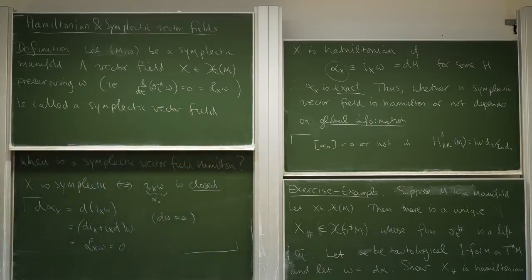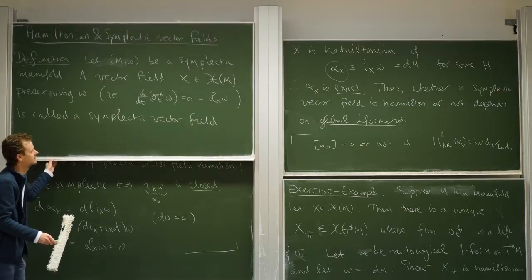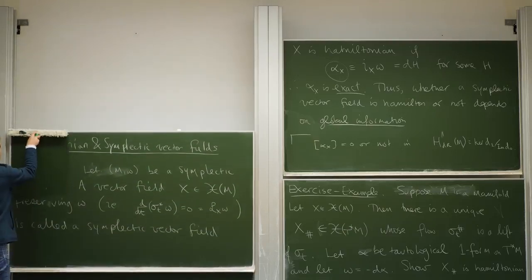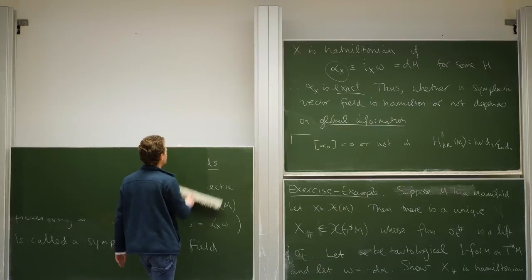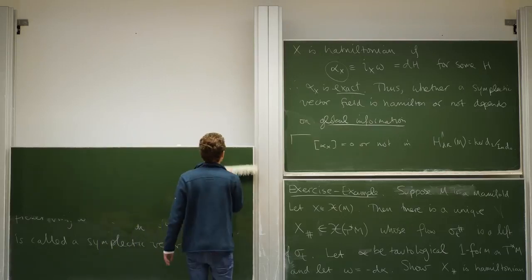So I'll write that out. So locally on any symplectic manifold, a symplectic vector field is a Hamilton vector field. There's no difference. But if you want to extend it to a Hamilton vector field over the entire manifold, then you run into obstructions.